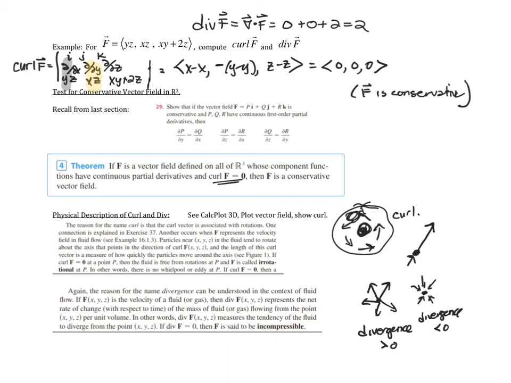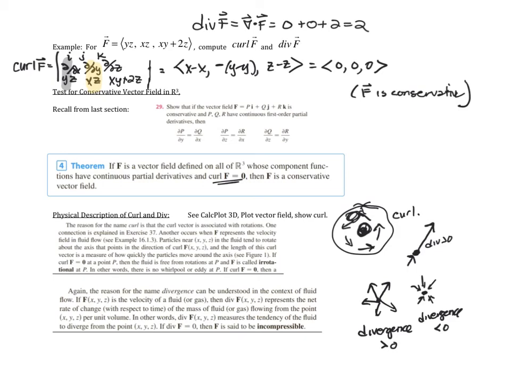Then what the divergence measures is the net. Like this particular one, there's more out than in. So the net is more out than in. Out gives me a divergence which is positive. Okay, so lots more you can learn about that.